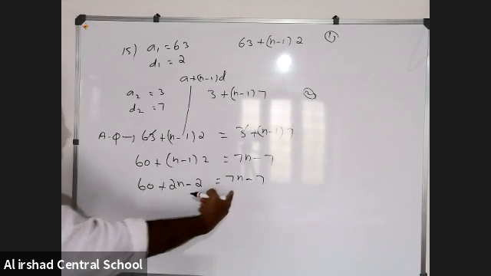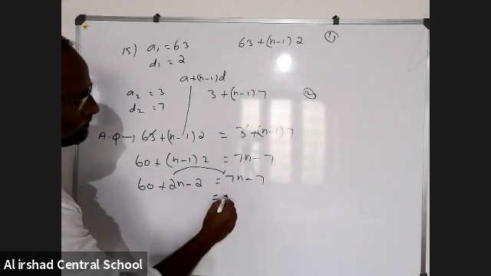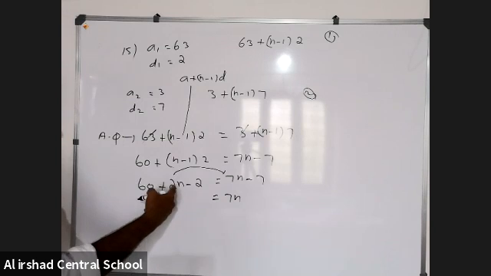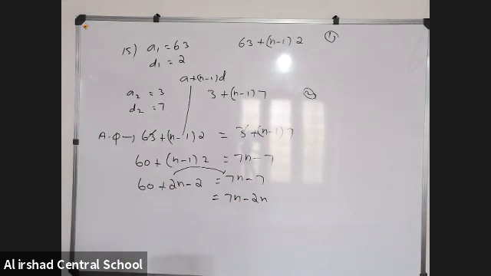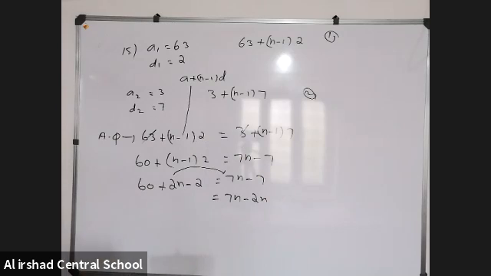Now, I am transposing. 7n minus 2n is equal to 60 plus 7 minus 2.